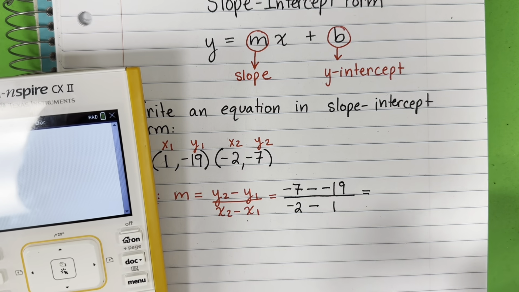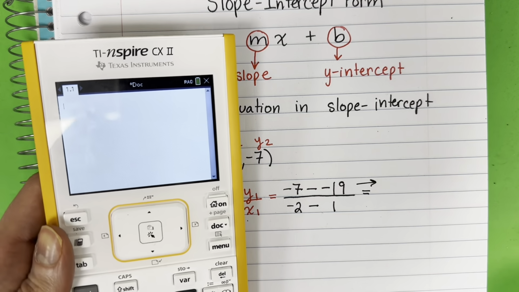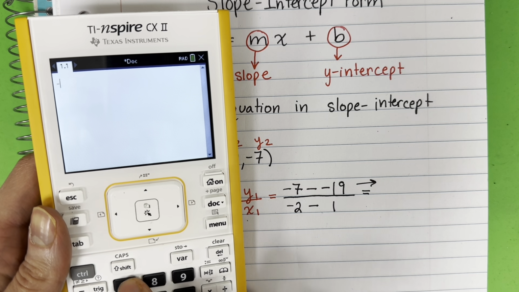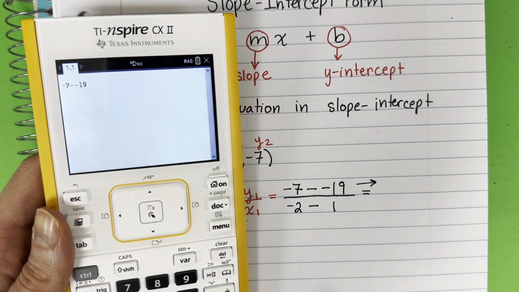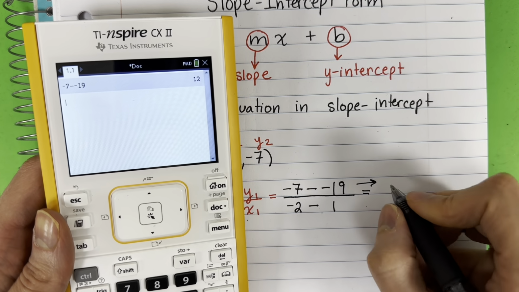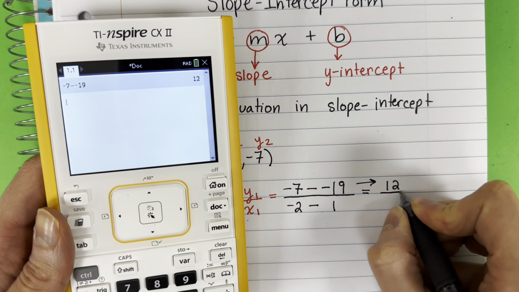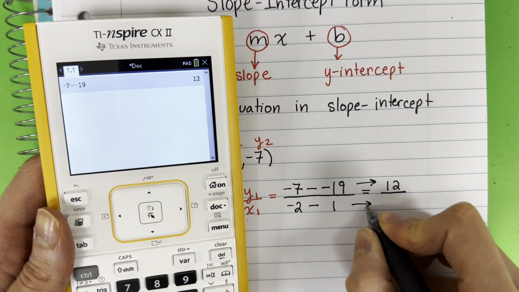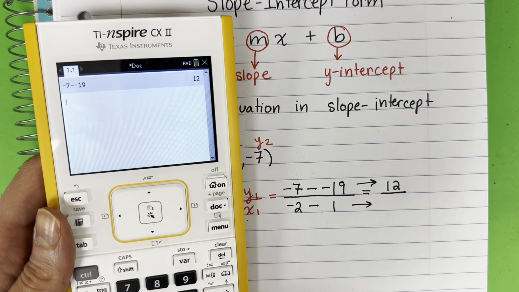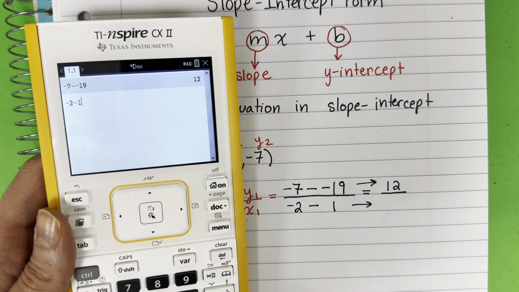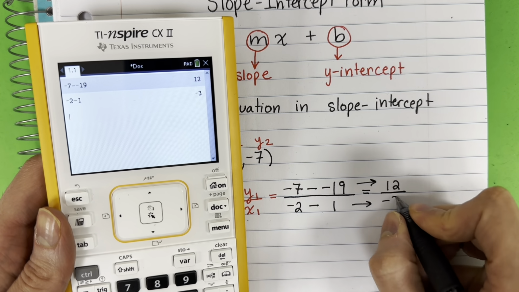You're going to put what is up in the calculator. So I'm going to go ahead and put -7 minus -19, and I'm going to get 12. Copy your divided by, and you're going to go ahead and put in your calculator what is down, -2 minus 1, and that is -3.